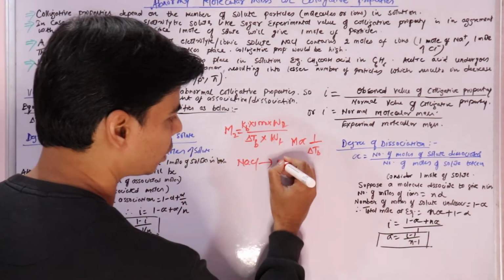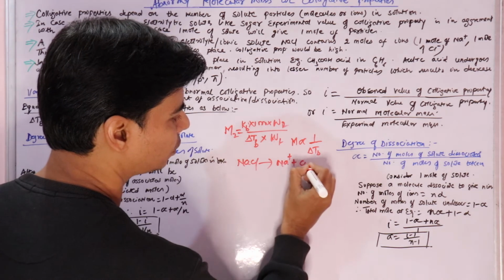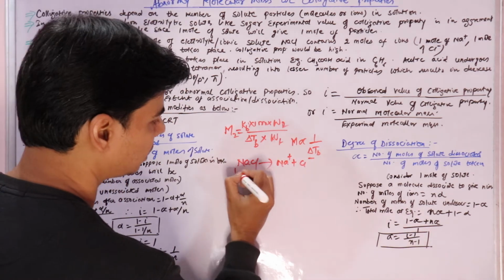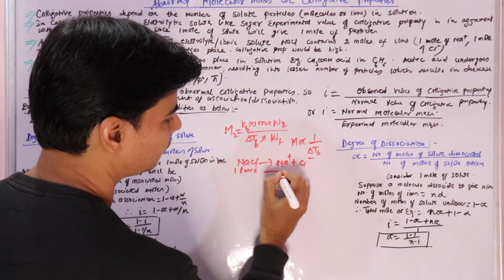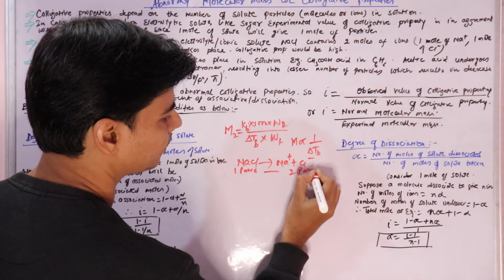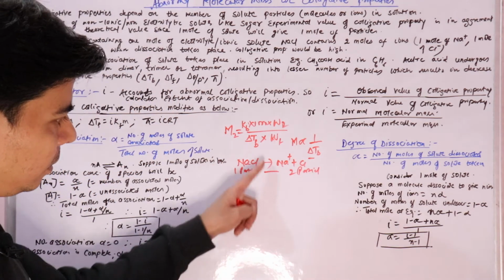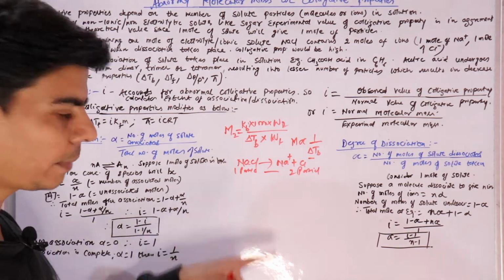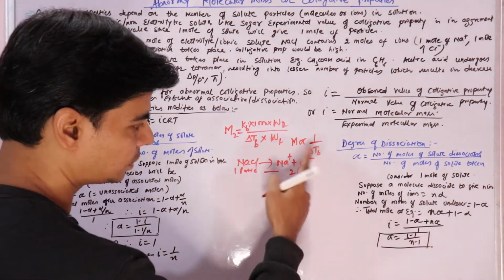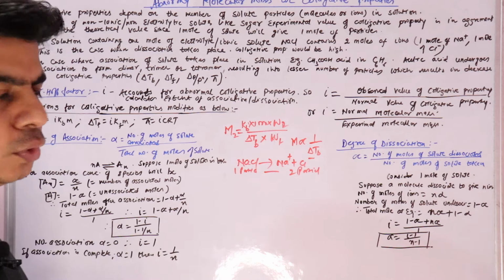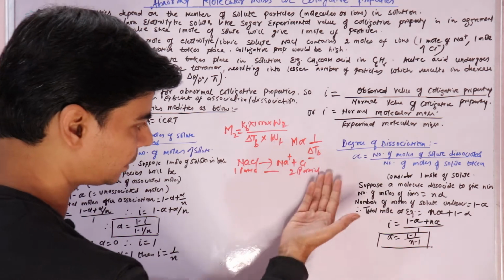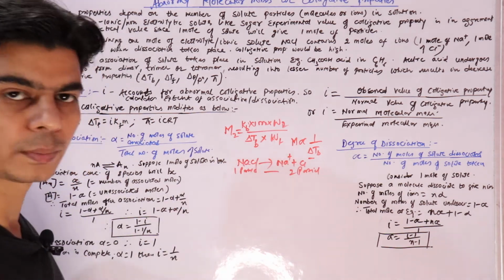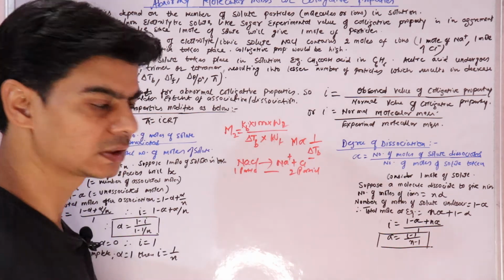When this is added to water, it will form sodium ion and chloride ion, so 1 particle will form 2 particles. The theoretical value was due to 1 particle and the observed experimental value was due to 2 particles. So the colligative property is increased, and when the colligative property increases, the molecular mass will decrease.